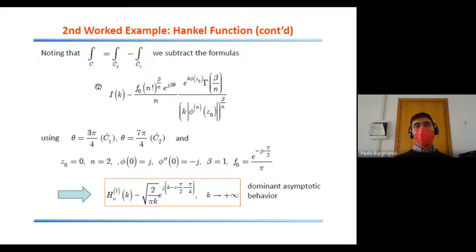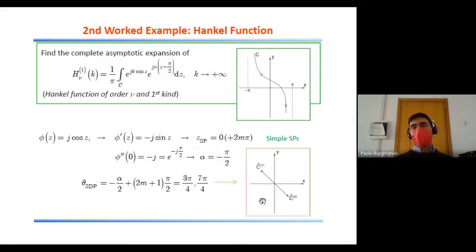Now, if you note that the integral along C can be written as the integrand along C2 minus the integrand along C1, where C2 goes into the fourth quadrant, as you can see here, whereas C1 goes into the second quadrant.